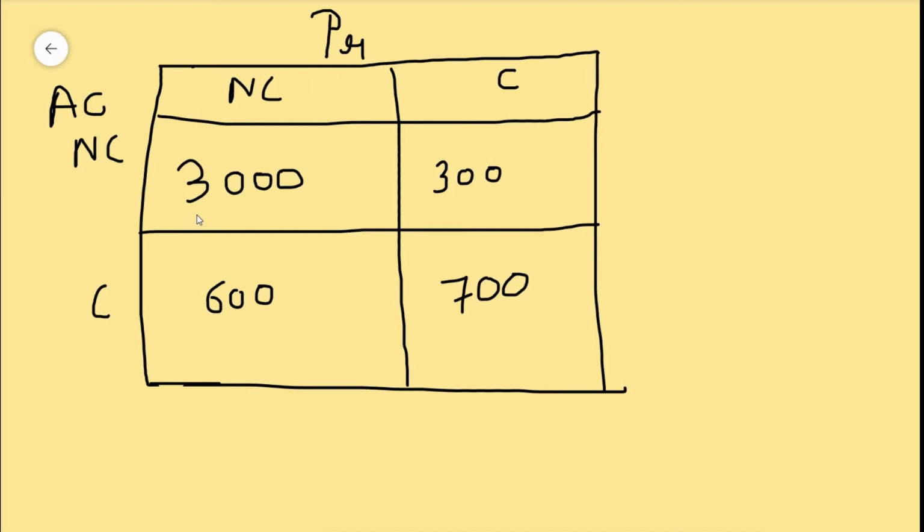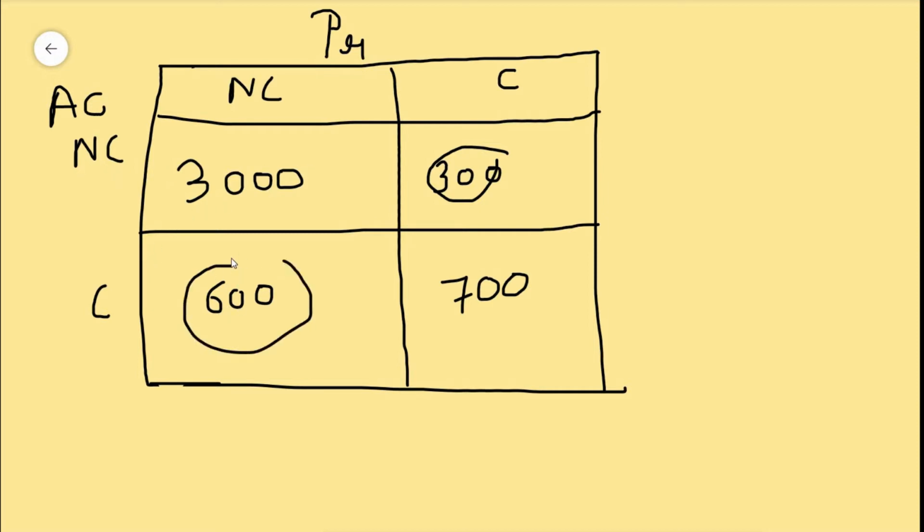That means for 3000 data points, the persons actually have the disease, and the model has predicted that these persons have the disease. So the number is 3000 in this case. Again, 300 is where our model predicts the persons have cancer, but actually they do not have cancer. In this field we have people who have cancer, but our model predicts they do not have cancer.